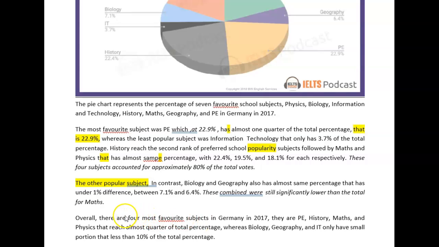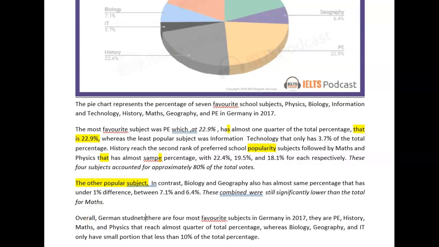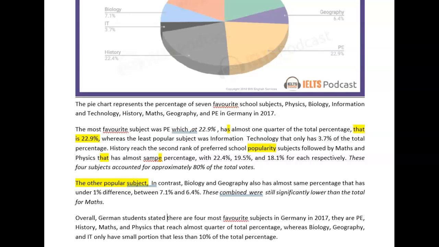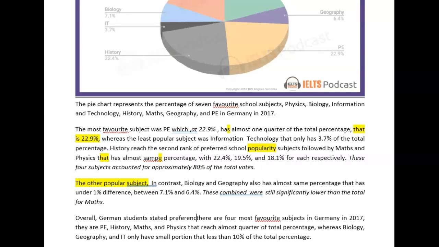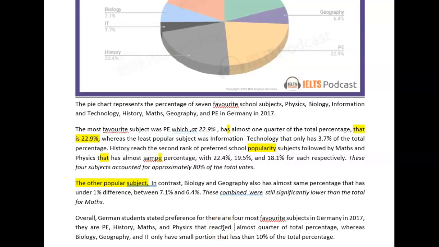Why don't you say German students? Make that the subject. Overall, German students stated preference for key subjects, blah, blah, blah, which or that reached almost a quarter of the total percentage each.